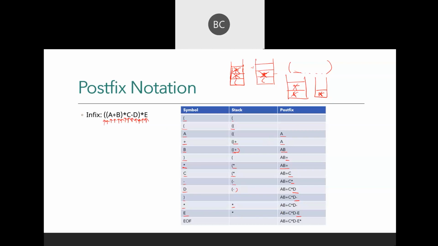Some multiplication sign is there. EOF means end of file, end of the expression. So what you have to do, you just pop everything inside the stack. Okay, got it?